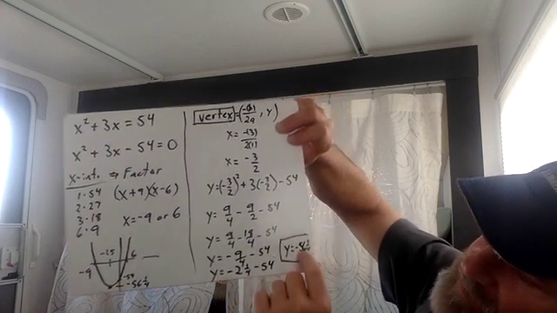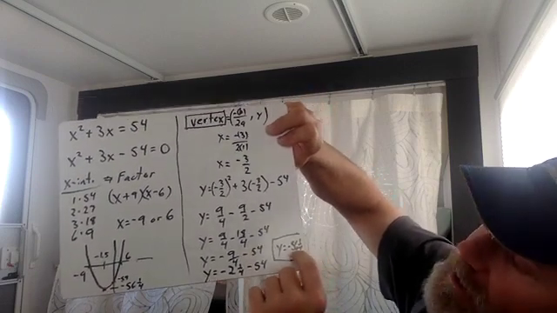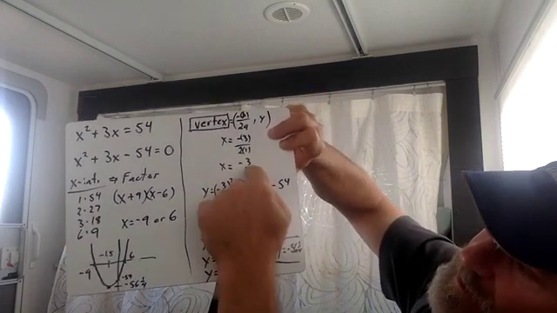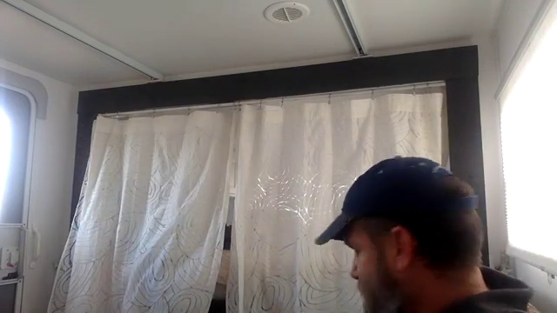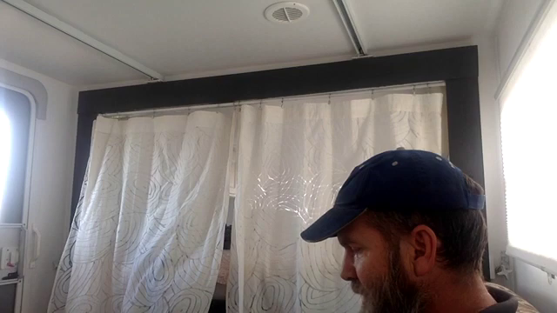Now you're at negative 56.25. Negative 56.25. So that's the y-coordinate. That's the x-coordinate of your vertex. So your vertex, I will show you now, is the ordered pair negative 3/2, comma negative 56 and 1/4.